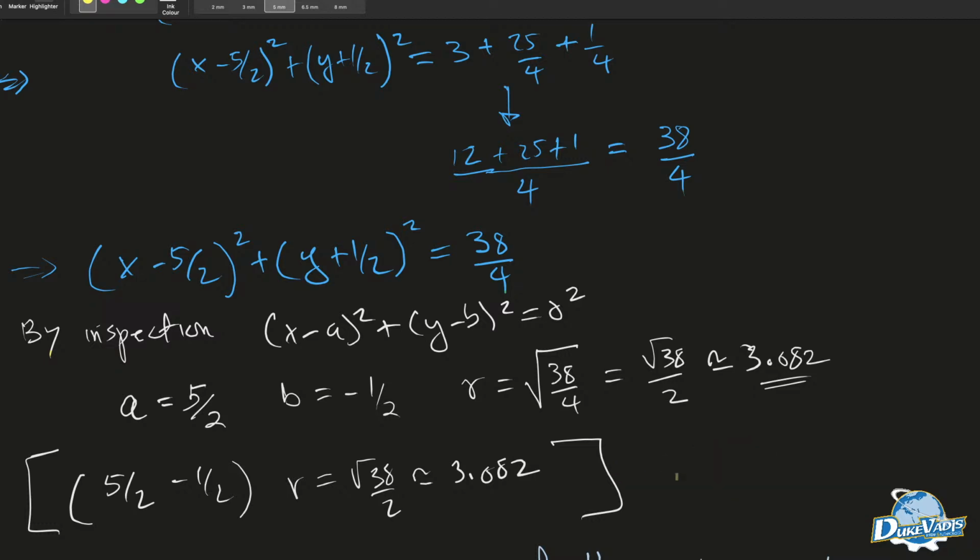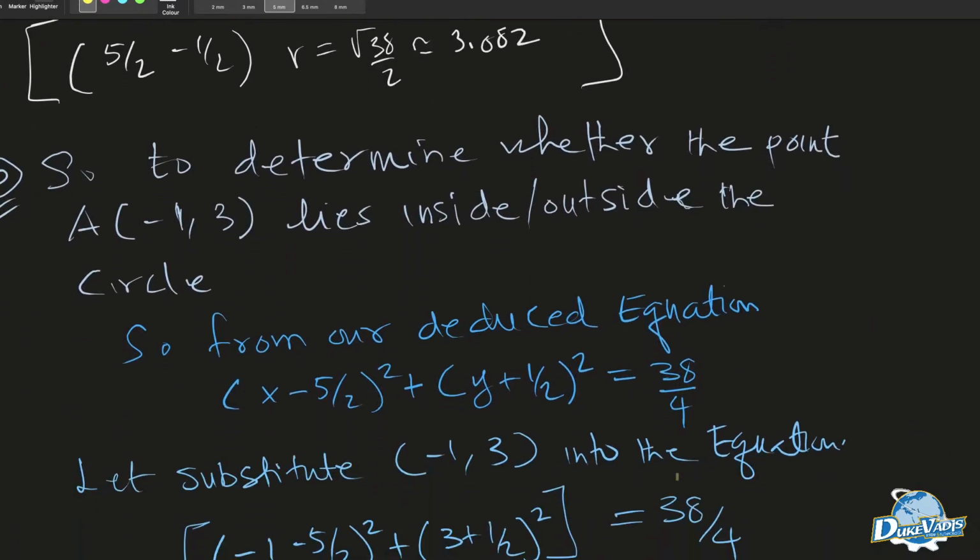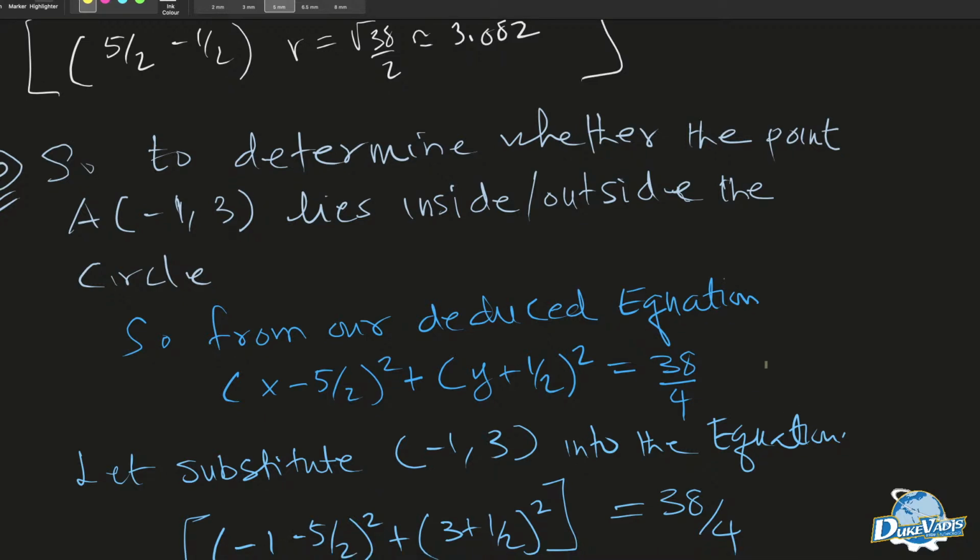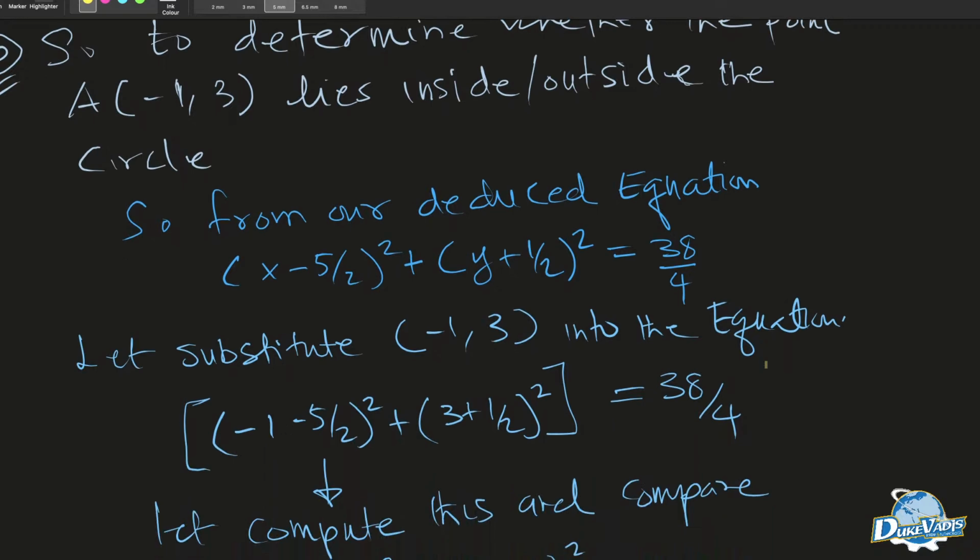Okay, good. Now to determine whether the point A, negative 1, 3 lies inside or outside the circle, from our deduced equation, the equation we solved earlier, that was our final solution.